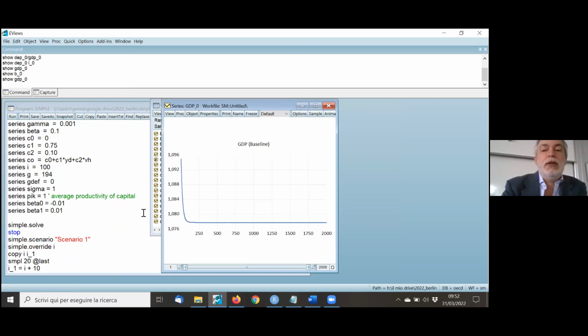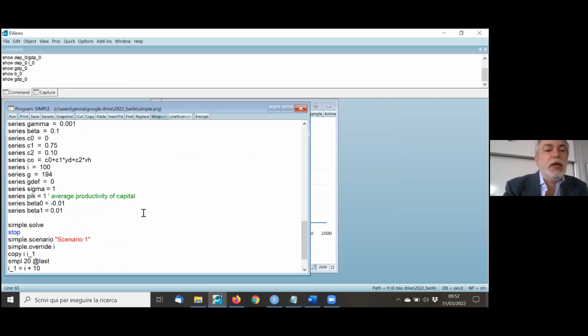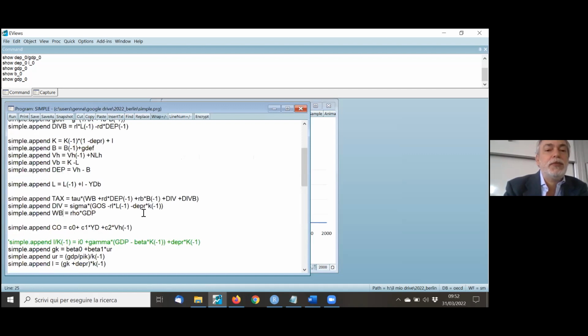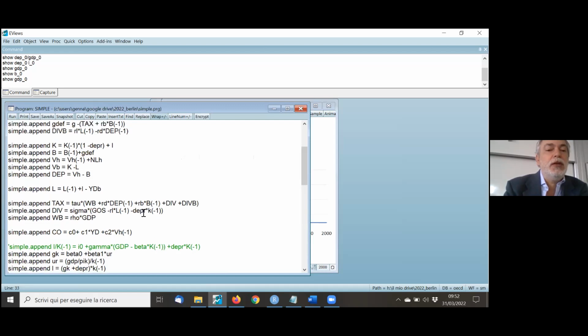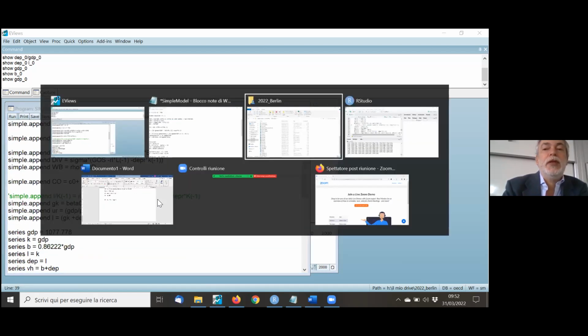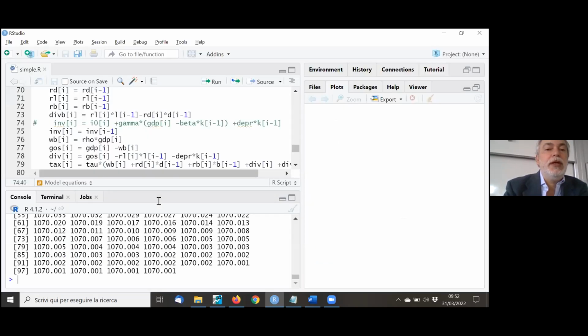So I guess you want to have this in RStudio. So we need to make the same changes in here. So the investment equation is now given by this, what I call GK.